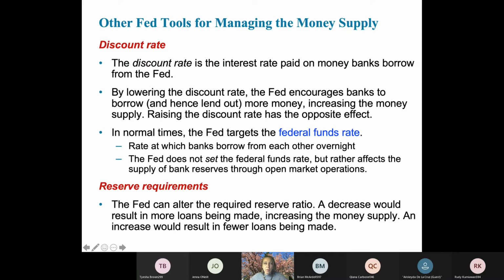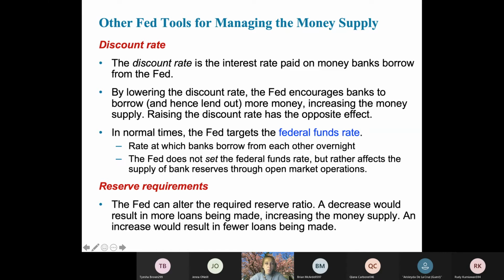In fact, the discount rate is not used pretty much at all, very rarely, maybe only in super emergency, like the financial crisis of 2008. During that time, some discount lending was provided, but for banks to ask the Fed for a discount loan means they'll be audited. They don't want to be audited.